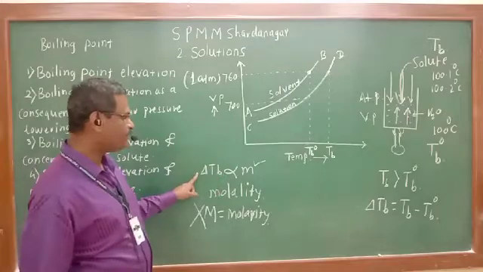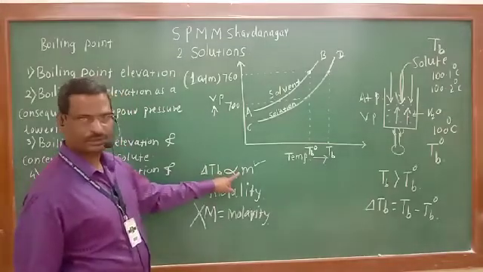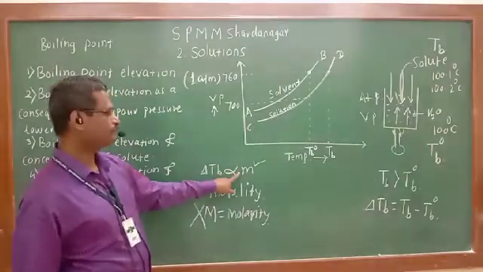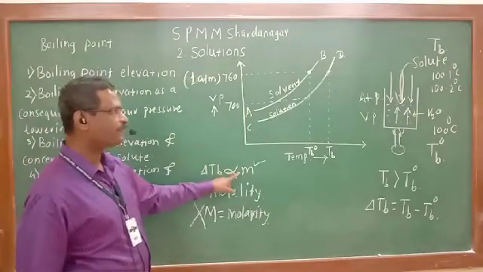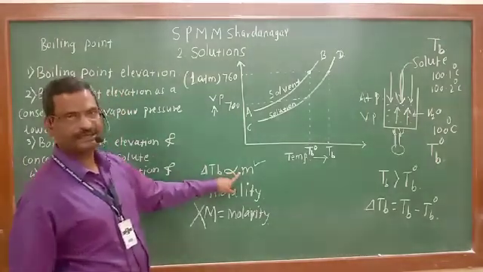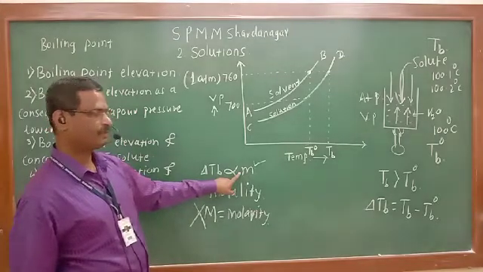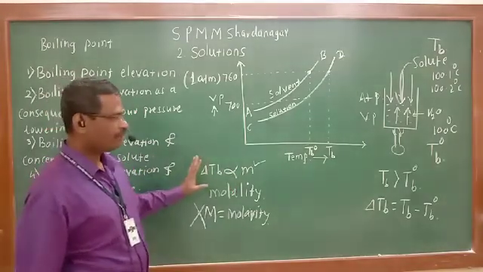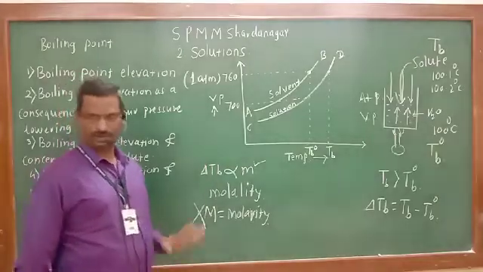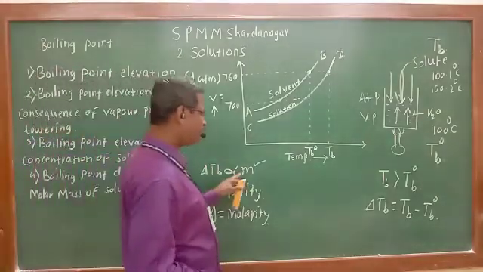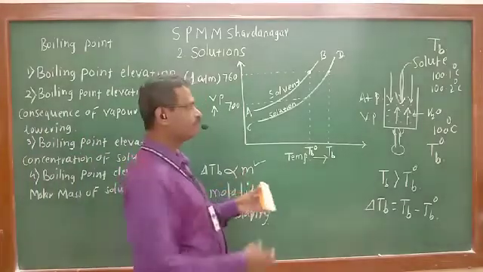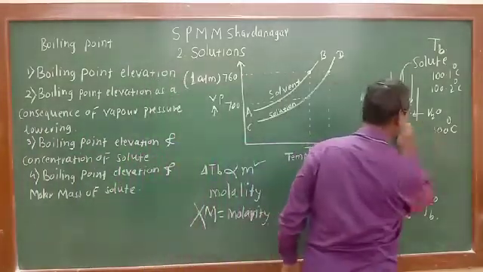And delta TB is directly proportional to m. Elevation of boiling point is directly proportional to molality, small m. And from this now, we are studying the next point. Delta TB directly proportional to m. See over here.